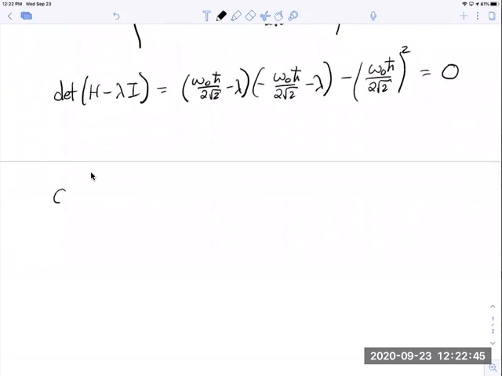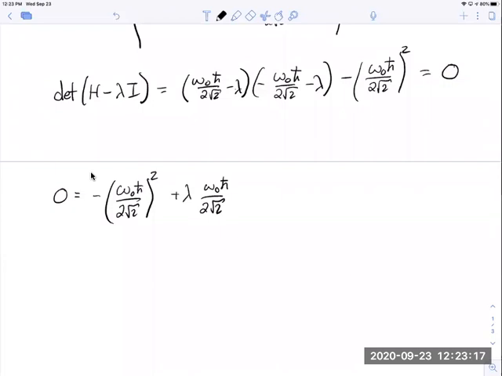So I can then solve this as 0 equals minus omega naught h bar over 2 square root of 2, this quantity squared. Then I'm going to multiply out, with the very fancy trick of looking at these two squared. Then I'm going to multiply this one times this. I'll get a plus sign lambda omega naught h bar over 2 square root of 2.